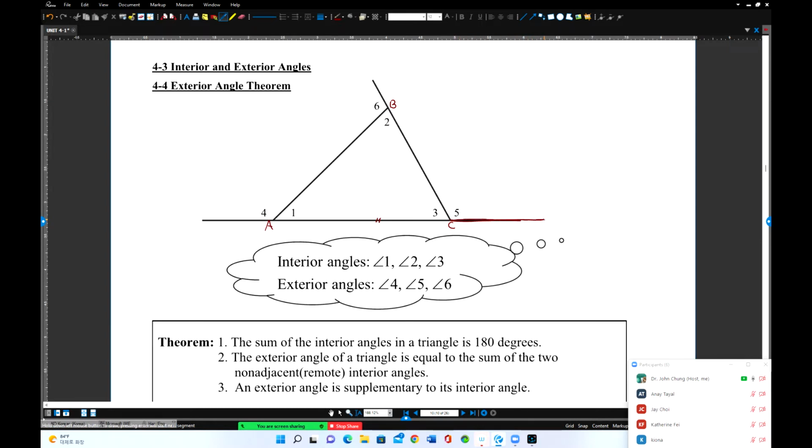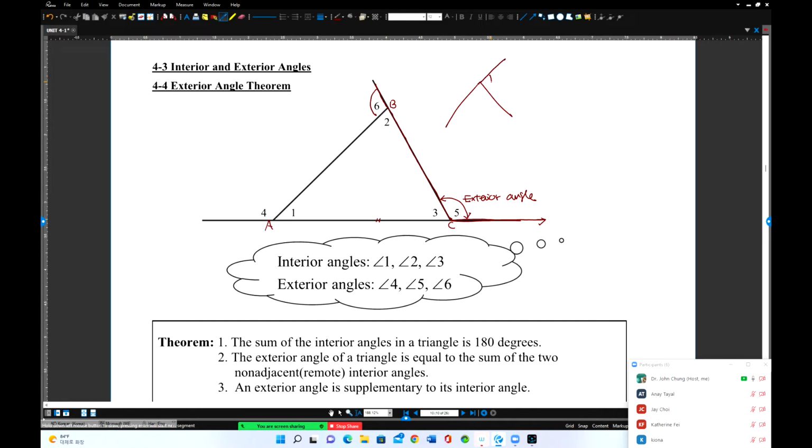But this extended line and the adjacent side, they form what? An angle there. This angle is called an exterior angle. Outside angles. Also, this is an exterior angle. Extend one of the sides, or you can extend this line too.